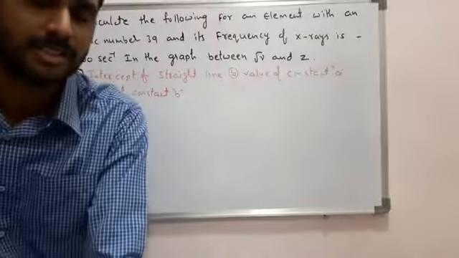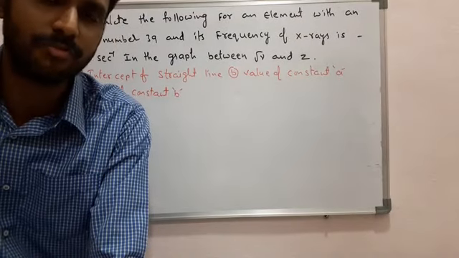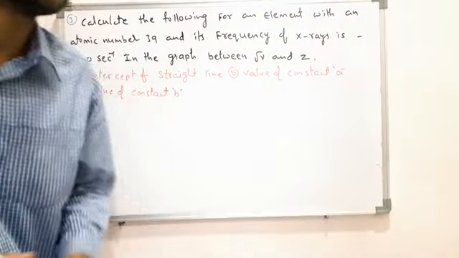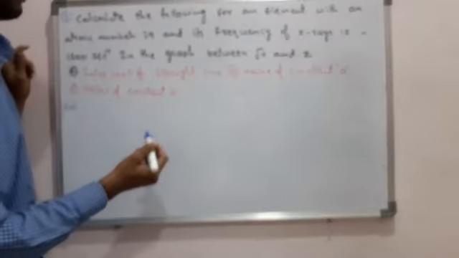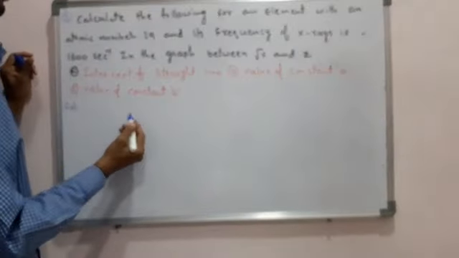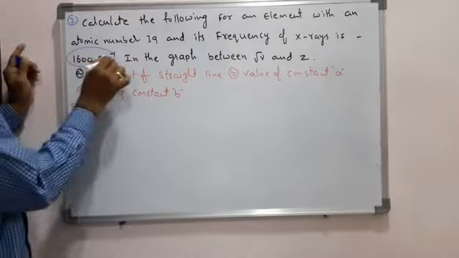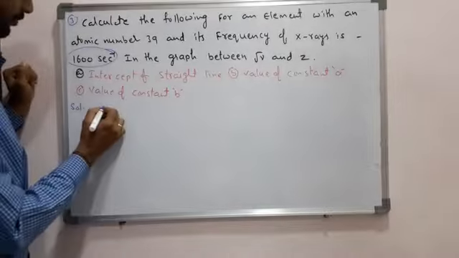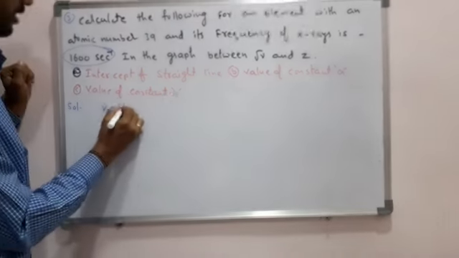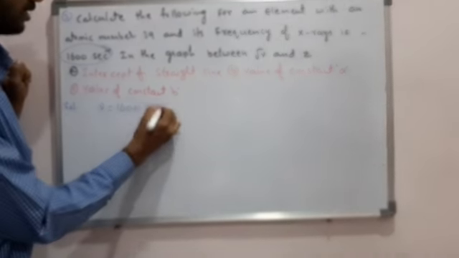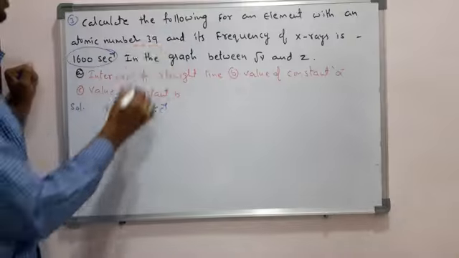Again it's based on Moseley's equation, but in this problem we need to calculate the intercept of the graph. Here the given values are: the frequency is 1600 second inverse, and the atomic number Z is also given.